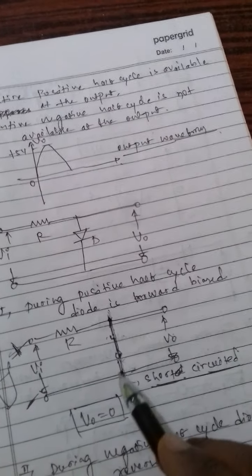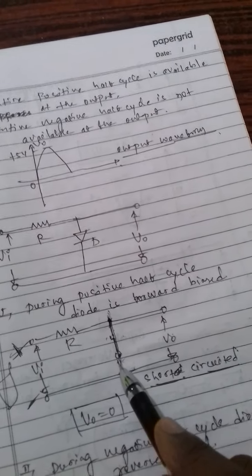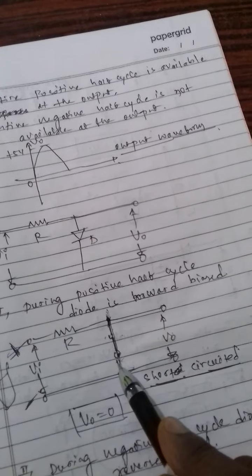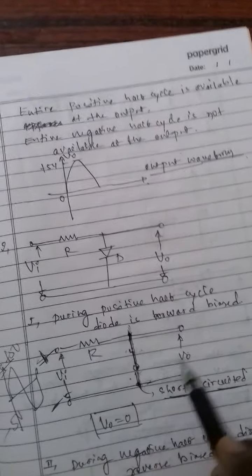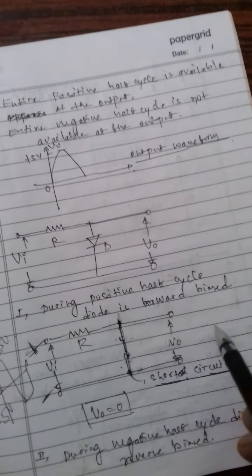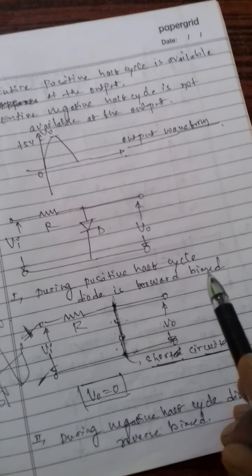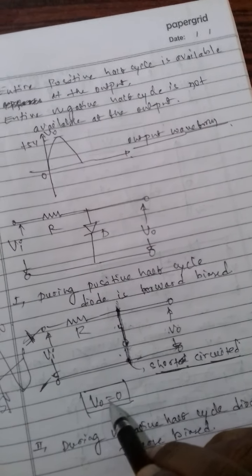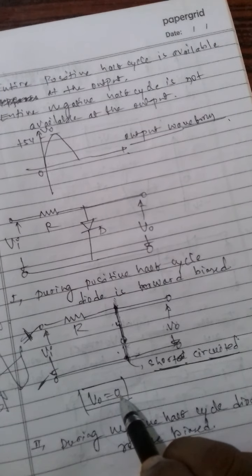The voltage at this shorted branch is equal to 0, because the output voltage is equal to 0.